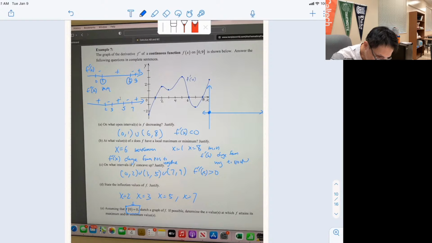And this one is a maximum, and this one is a minimum, right? Are we okay here? So at 1, you are going to get some type of decreasing, and at 6, you're going to go to a maximum. At 7, you're going to come back to minimum, and then go back to increasing.